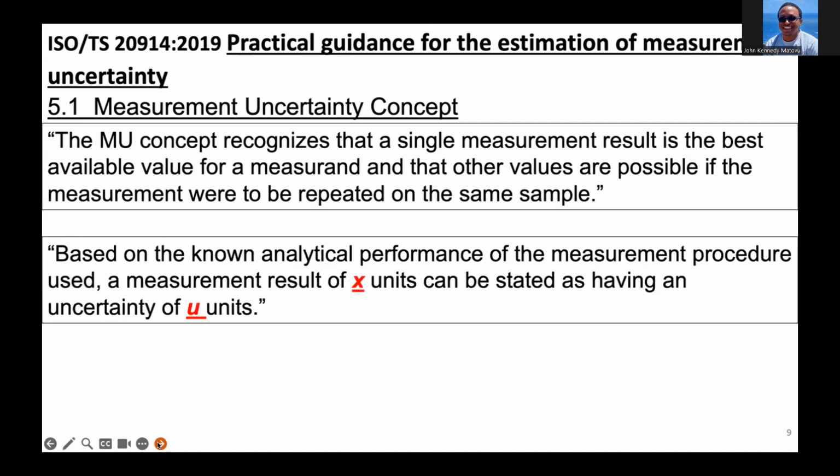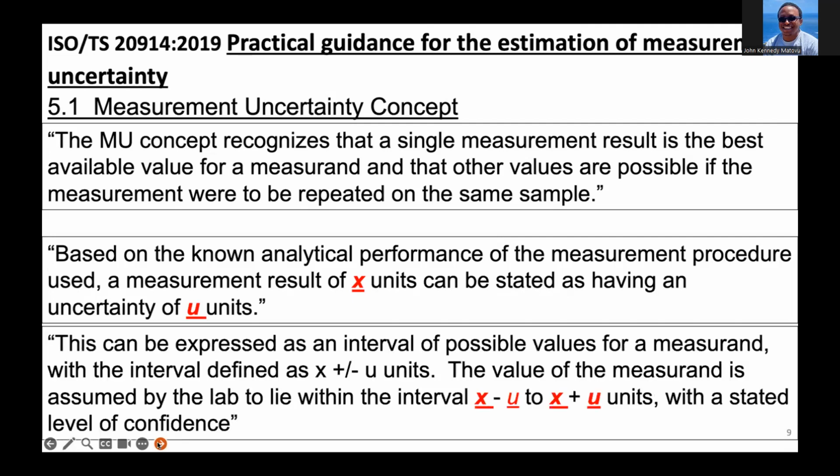MU is based on the known analytical performance of the measurement procedure that you're using, right? So what is the performance of the procedure that you're using? A measurement result of X units can be stated as having an uncertainty of U units, and we express this as an interval of possible values.